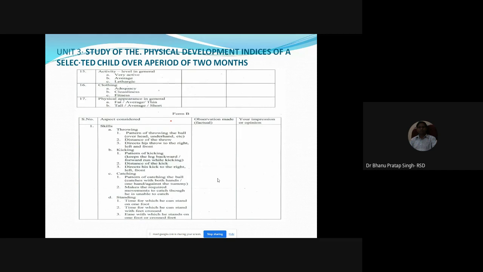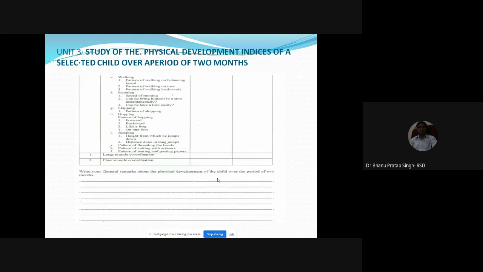So write observation with your impression and opinion. In continuation of this format, walking position, running activity, skipping, hopping, and jumping. So these are the things that are written in black and white. You just have to observe and make your opinion and suggestions.